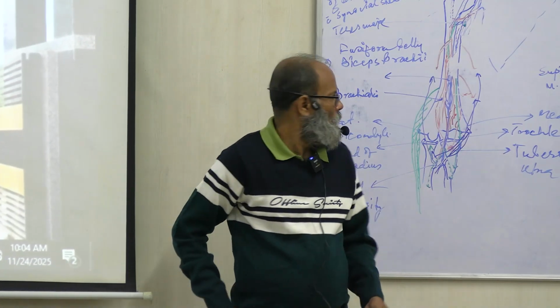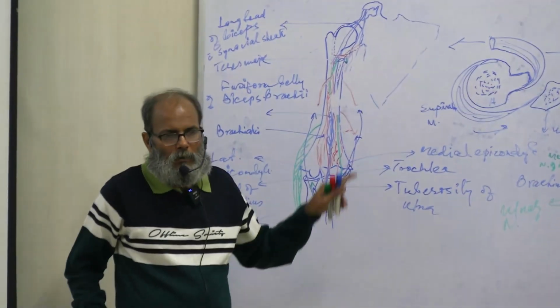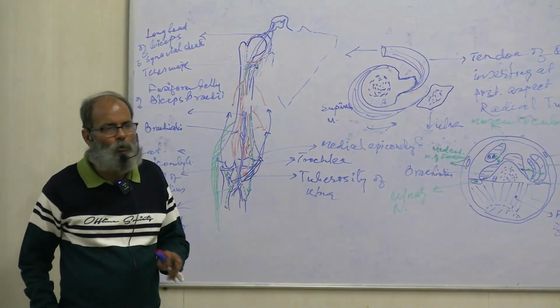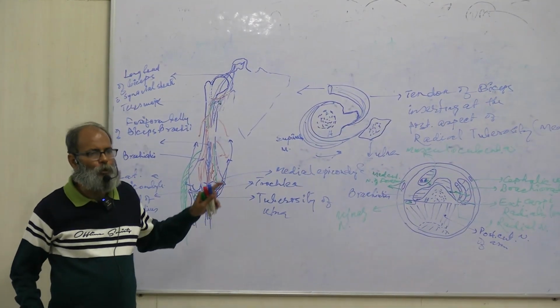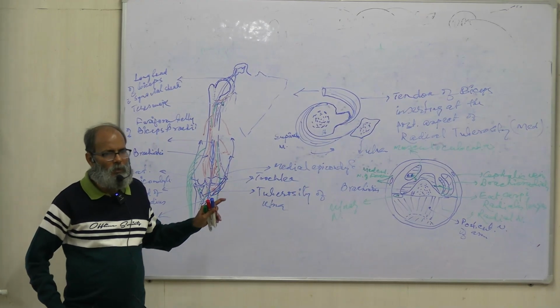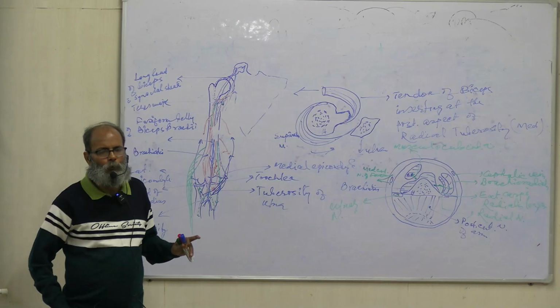Got my point? Now, one thing else is the radial nerve that enters through the posterior part. I haven't drawn it because I don't have the time to explain the posterior aspect of the arm. So I will complete it in the next class in a few minutes.